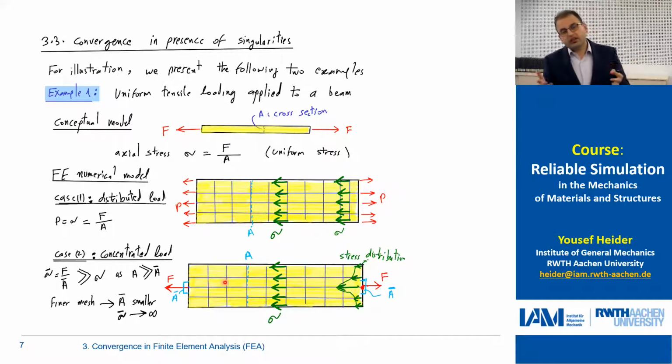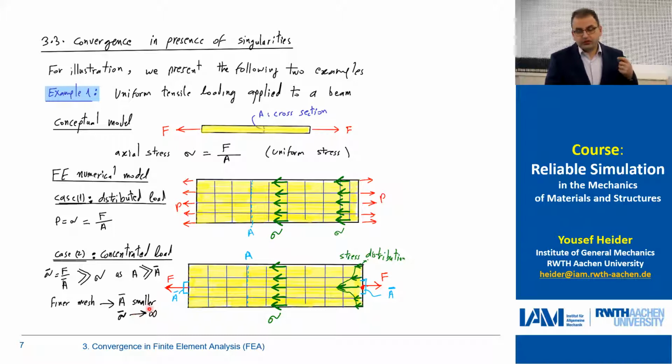Now, maybe you think, okay, let's think about this problem. We have finite elements, let's go for mesh refinement. Now, the bad news: if you go for mesh refinement, this A dash, which is at the boundary, becomes even smaller. According to this relation, sigma dash will be even much bigger.